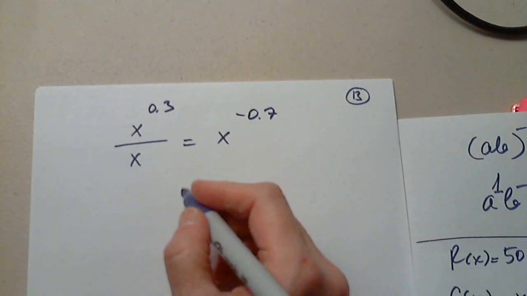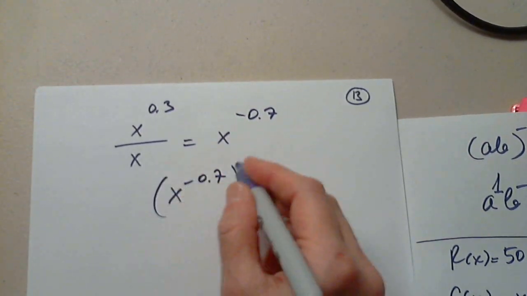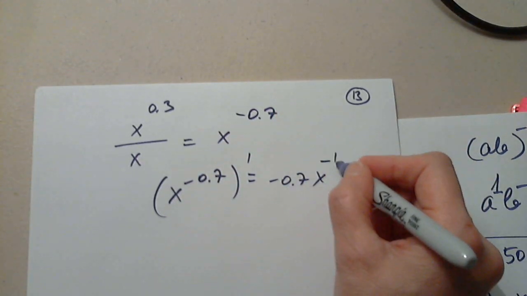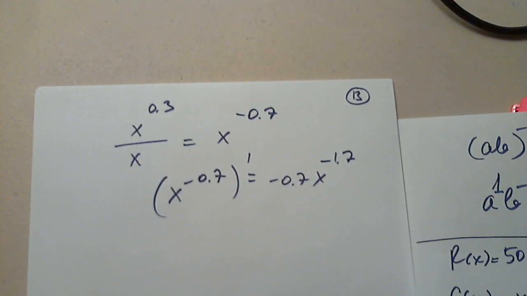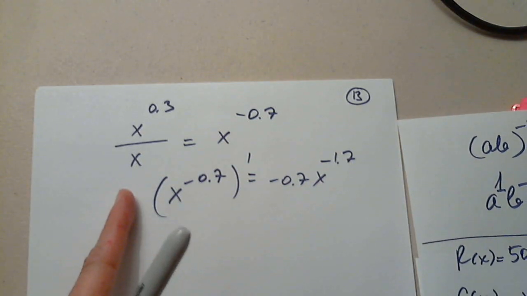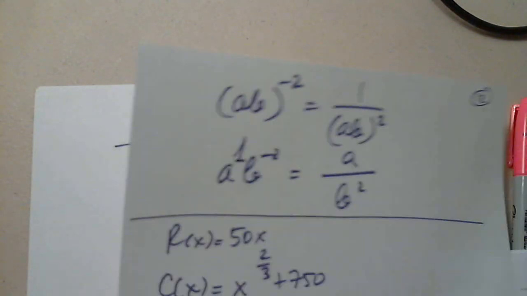And when you differentiate x to negative 0.7, you bring down negative 0.7 and you subtract 1 from the power, negative 1.7. Oh, okay, cool. We had an example in the class, I think, like this one. Okay. Is it better now? Yeah. Okay, perfect.